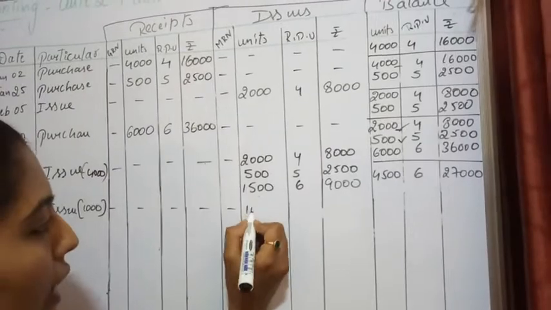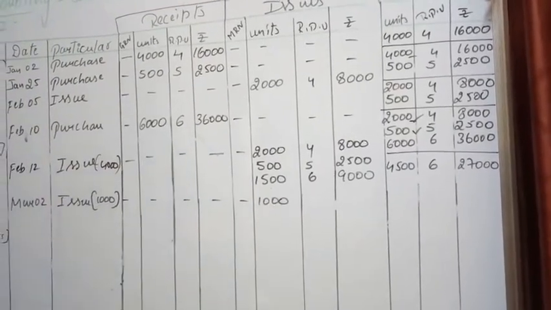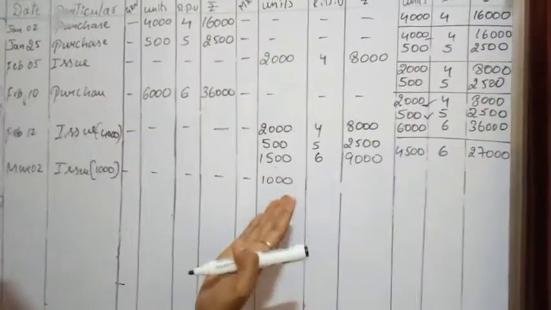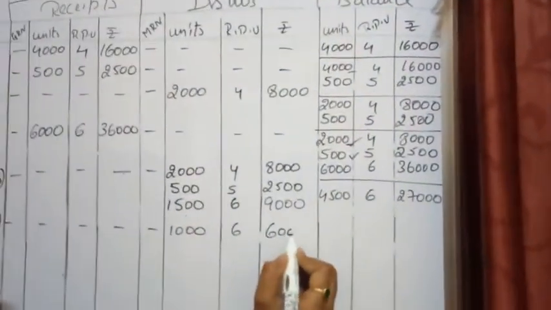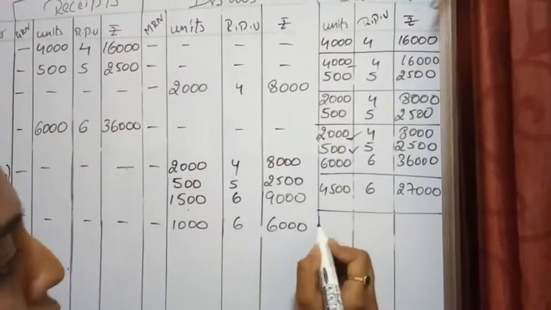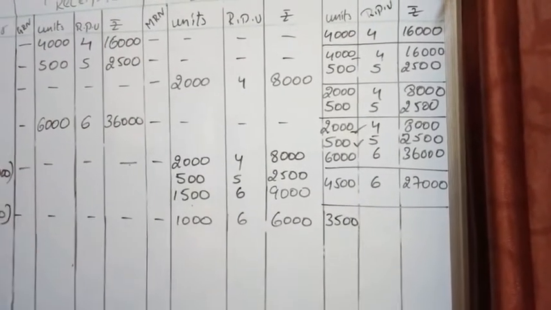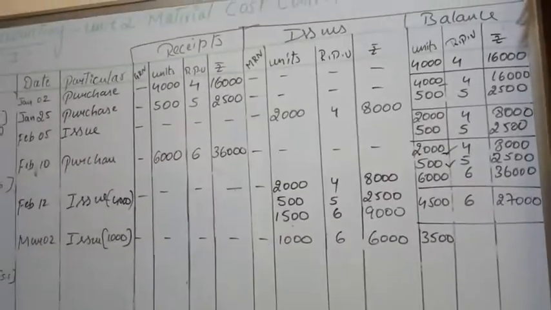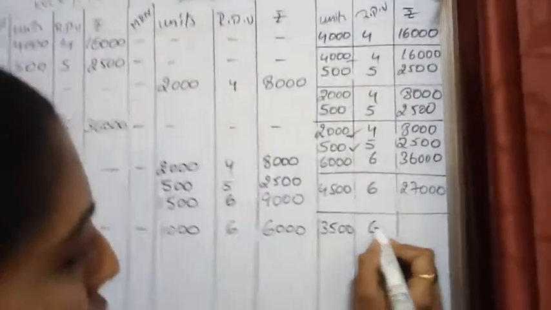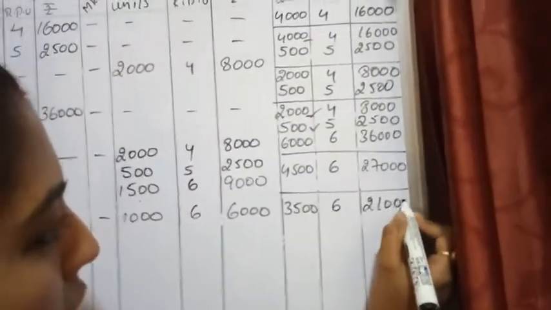So in this I will give 1000 directly because there is enough material with me. I am giving 1000 into 6, it is 6000. So here the leftover will be 3500. 3500 into 6, it is 21,000.